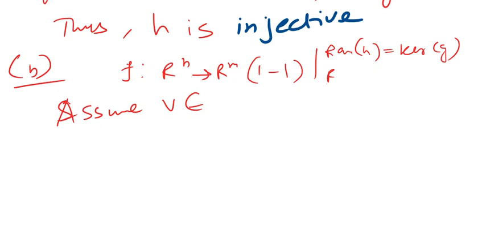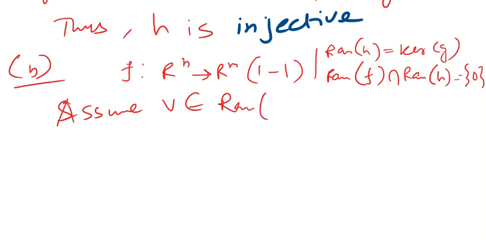Range of f intersection range of h equals the zero set. So assume v belongs to the range of f intersection range of h.